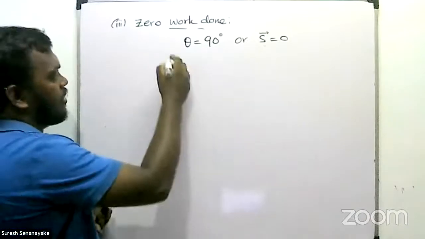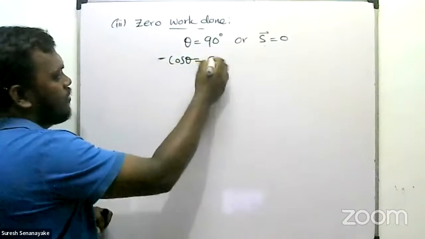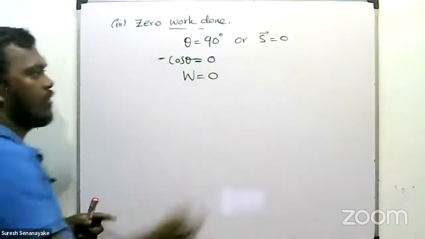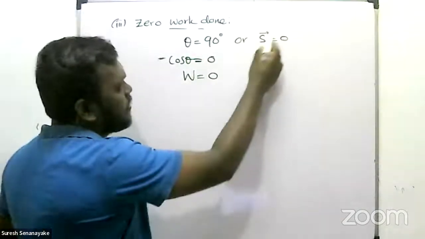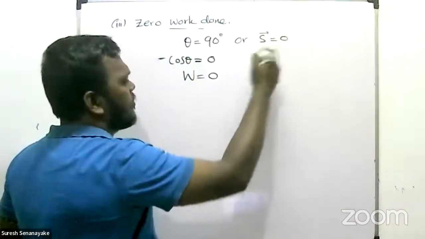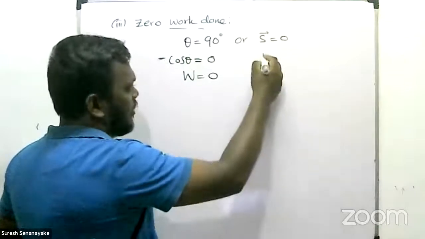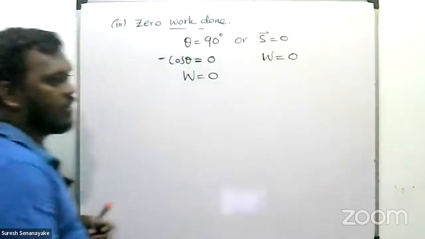Here you can write that theta equals 90, so W equals 0. Here also, for any theta, if there is no displacement under the force, whatever the force acting or whatever the angle, the work done is equal to 0 because of no displacement.